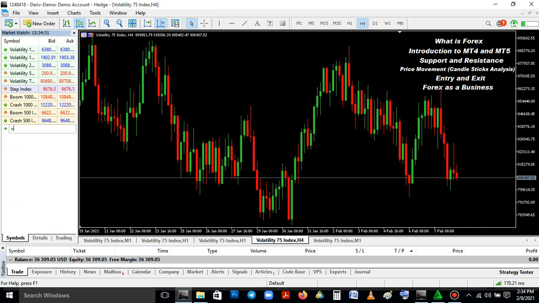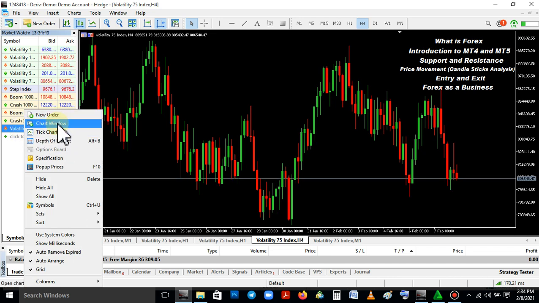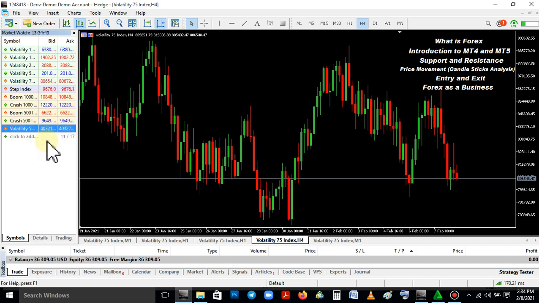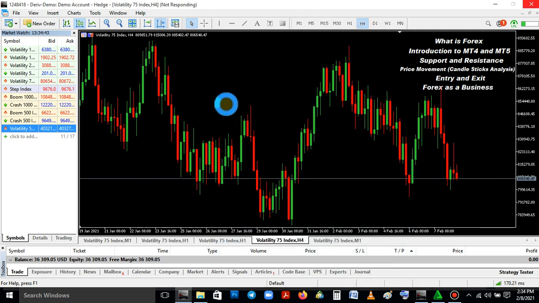You should see volatility. Okay, so this is volatility 51s. Let me add it. You will see that easily on your mobile MT5. If you cannot see it there, there is an icon that will tell you to add, so add it there, and you should see the volatility 50.